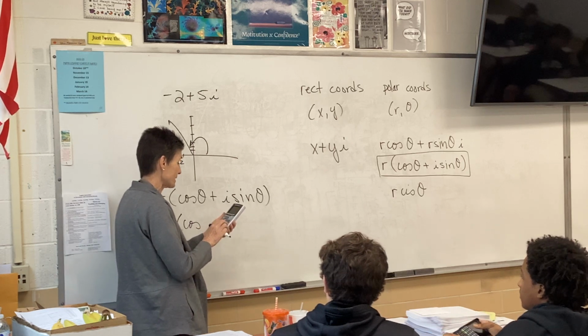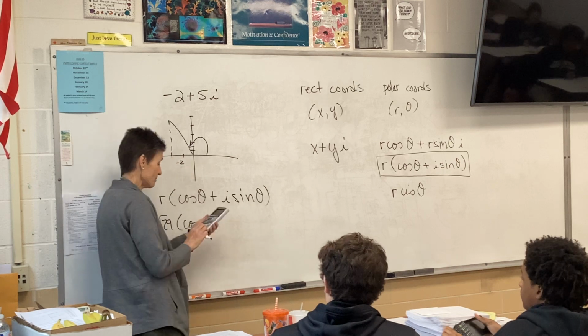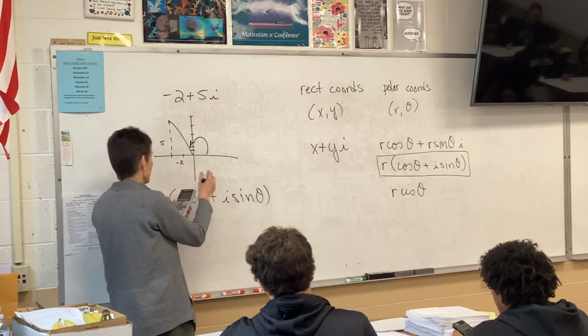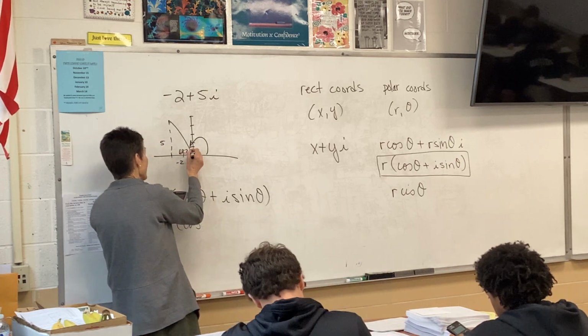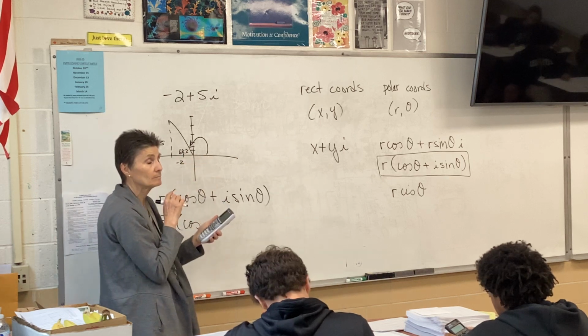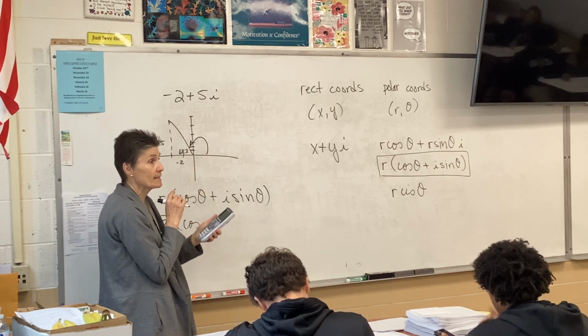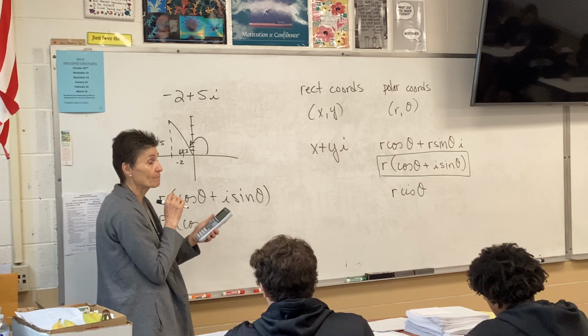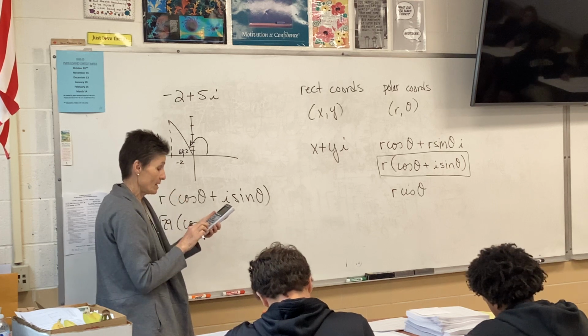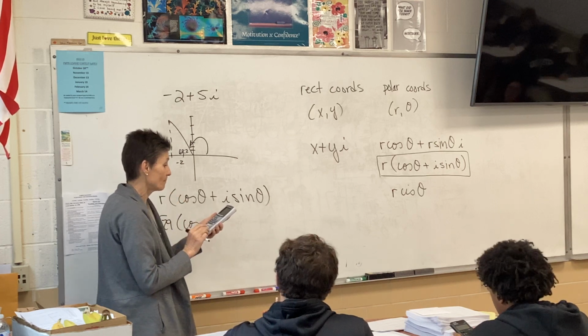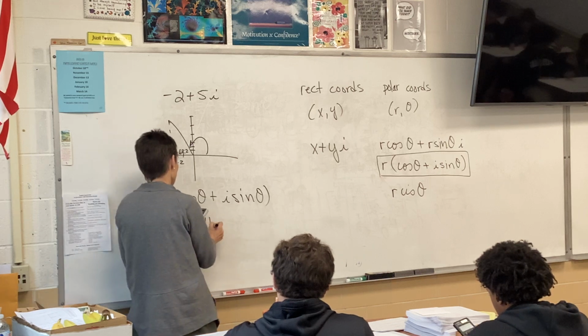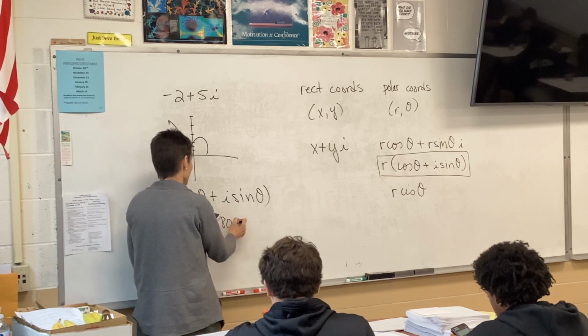So second tangent, 5/2, 68.2 right here. Second tangent, 5/2. And then subtract that from 180. Did you get 111.8 degrees?